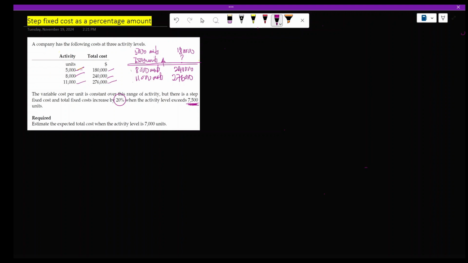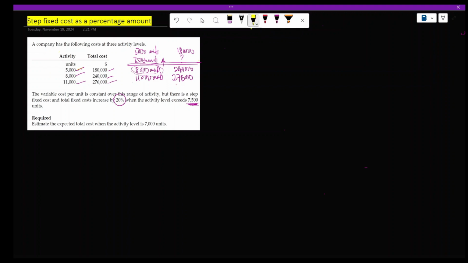So it means that at 8,000 units, the 240,000 US dollars includes a step up in fixed cost of 20%. Likewise, 11,000 units, with a step up of 20% in fixed cost, is included in the 276,000 US dollars. So let's approach the question this way.